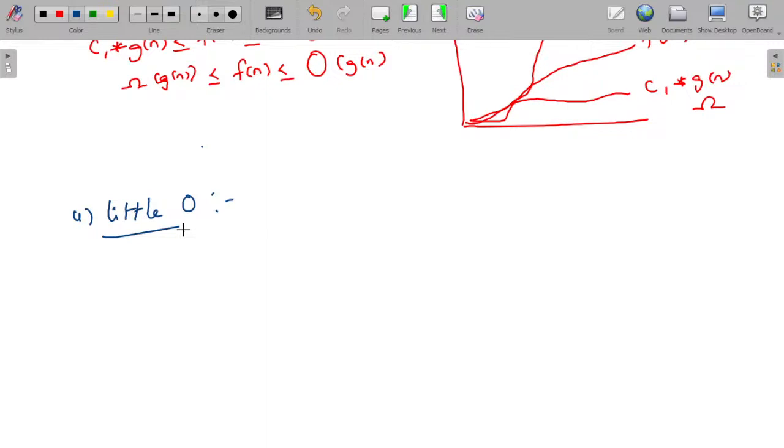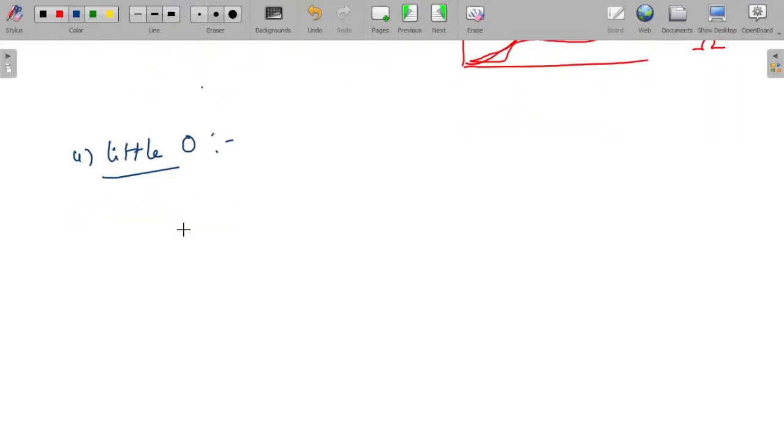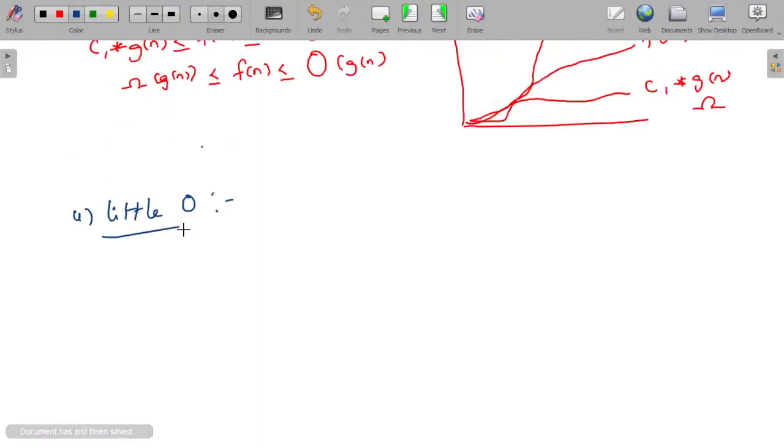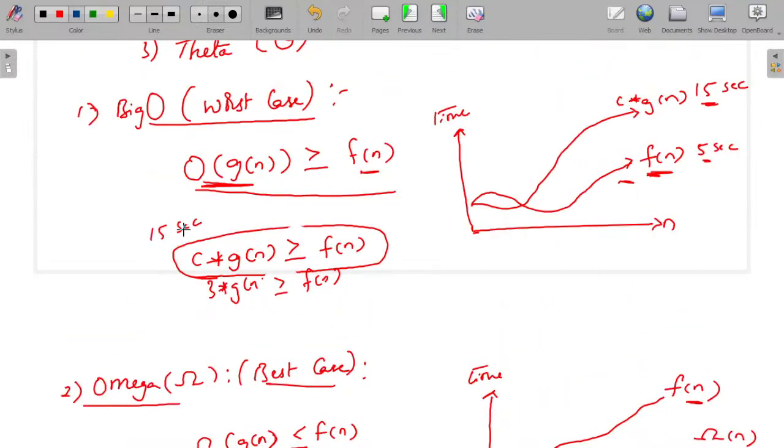So what exactly is the difference between little o and big O notation? Little o and big O both represent the upper bound itself, but is it a loose upper bound or a tight upper bound? That is where the answer lies. Here, if you see the graph of big O notation, there is not that big a difference between this particular curve and this particular curve.